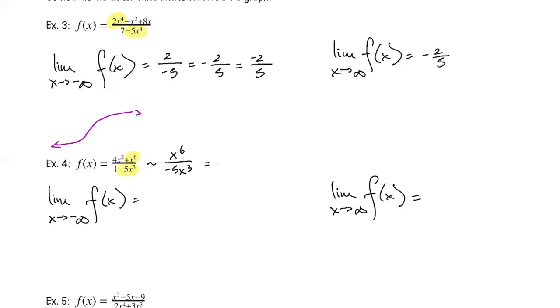Yeah, like a negative x cubed over 5. Now the important part here is this negative and the x cubed. One of the parent functions that I think is really helpful to know is the cubic one, which looks like this. A negative x cubed looks something like this.